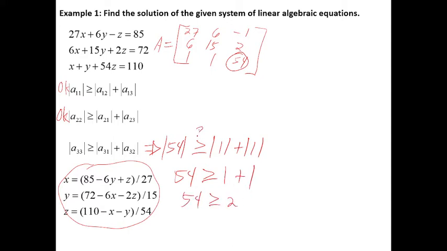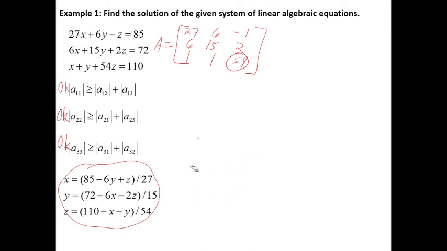Yes, satisfied. Therefore, it's diagonally dominant. So matrix A is diagonally dominant, and we can proceed.